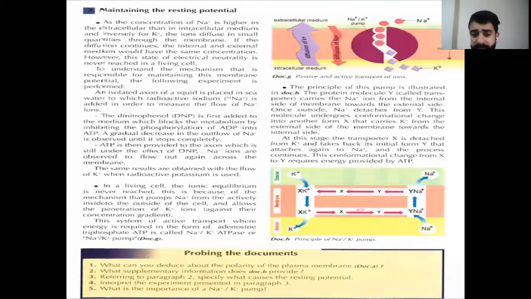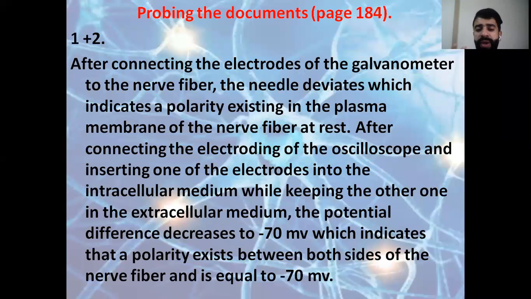This pump is called the Na plus K plus pump, or Na plus K plus ATPase. ATPase means that it uses the ATP as energy to allow the movement of the ions. Here we have a potential difference between the interior and the exterior of the nerve fiber, equal to minus 70 millivolt in humans.